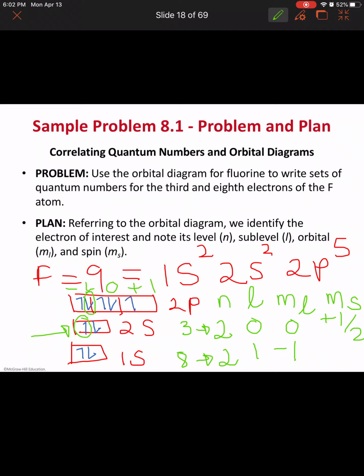And then the spin is facing down. Remember, when we are putting two electrons in the same orbital, we have to do it with opposite spins. Since it's facing down, ms is going to be minus half. So those are the 4 quantum numbers for the 3rd and 8th electrons of the fluorine atom.